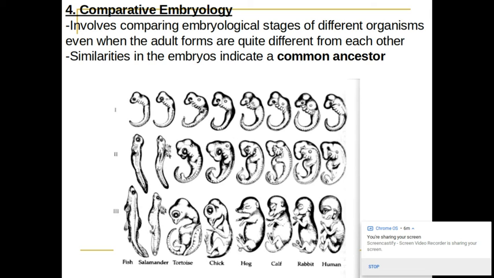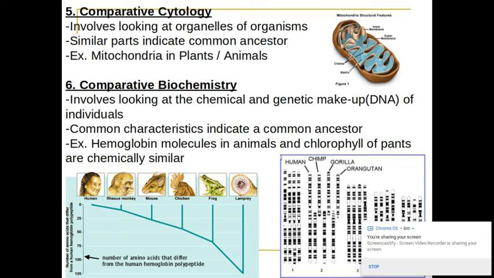We can also look at cells, comparative cytology. It involves looking at organelles of an organism. Similar parts indicate a common ancestor, like the mitochondria in plant and animal cells. Also, comparative biochemistry. This involves looking at the chemical and genetic makeup of DNA of individuals.